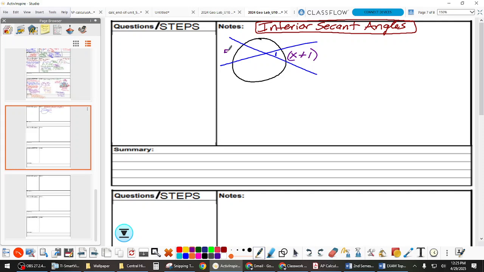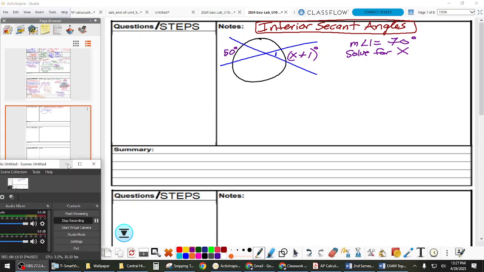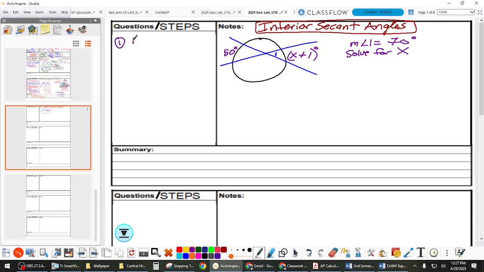Let's put a 50 there, I guess, and then let's say measure of angle 1 equals 70 degrees, solve for x. Well, step 1 is identify what kind of situation you have.